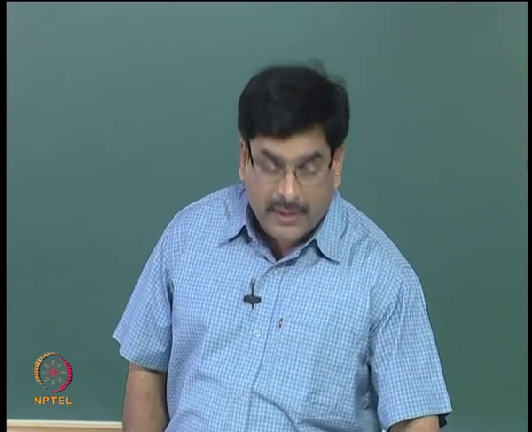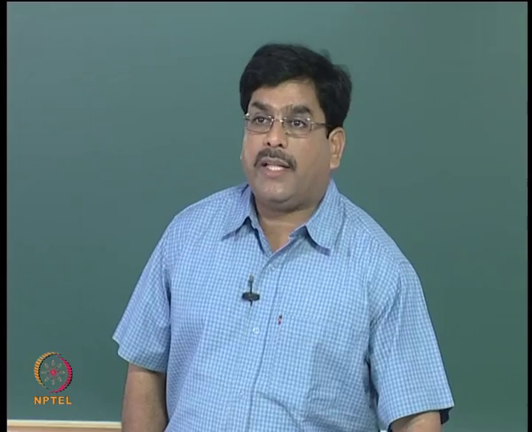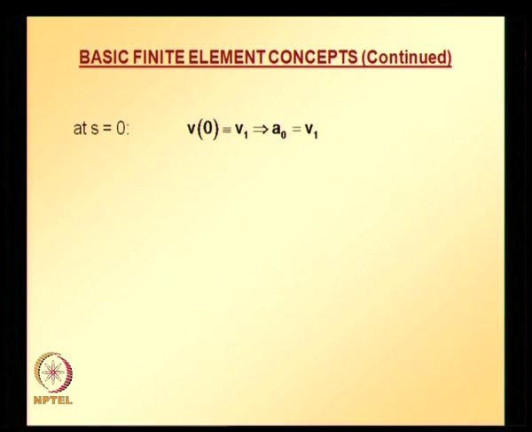So we will make these substitutions. So now let us say at s is equal to 0, substitute s is equal to 0 in the previous equation, that is v is equal to a0 plus a1 s plus a2 s square plus a3 s cube. In that you substitute s is equal to 0, and we end up getting a0 is equal to v1.